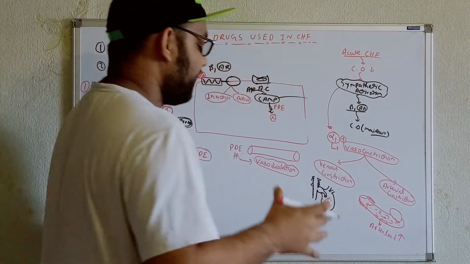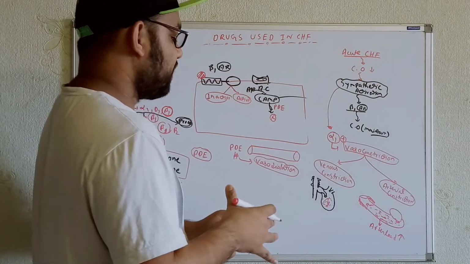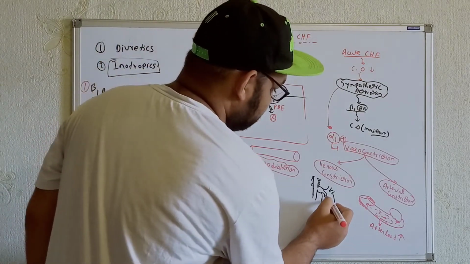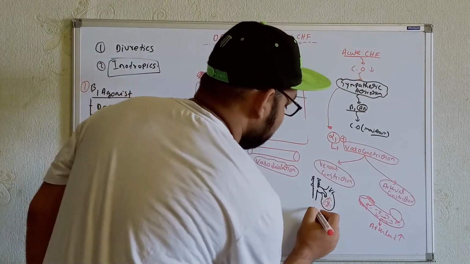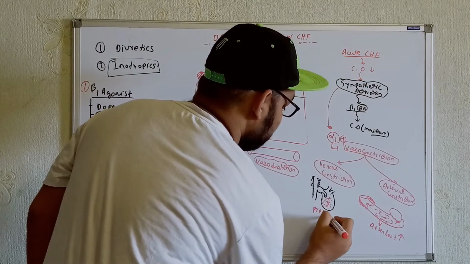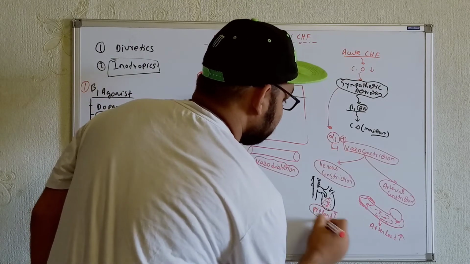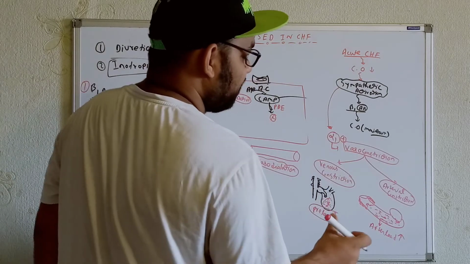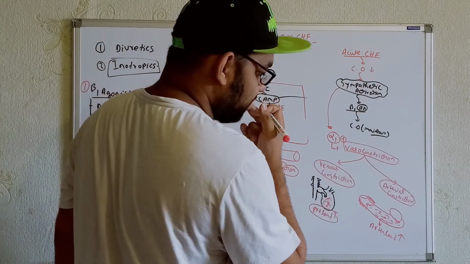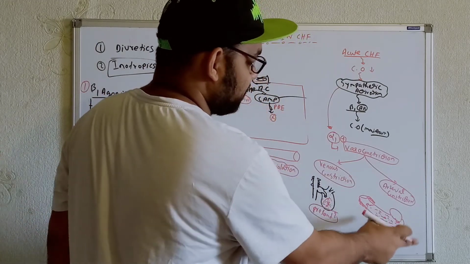As a result, the ventricle needs to work more to push this blood from the right ventricle to the lungs. So as a result, we will see the preload increased in terms of venous constriction, and the afterload increased in terms of arterial contraction, in terms of aortic constriction over here.